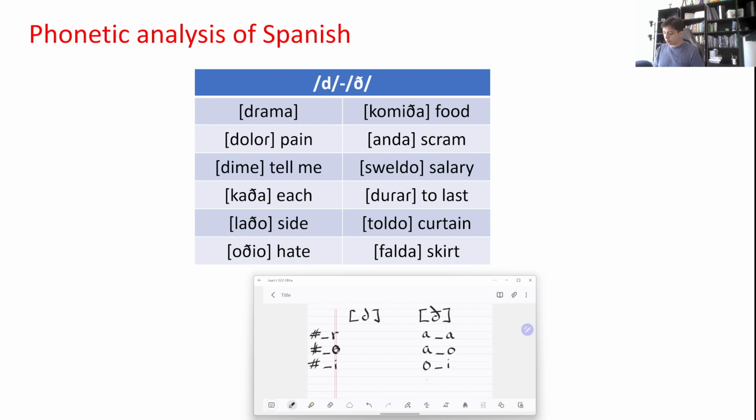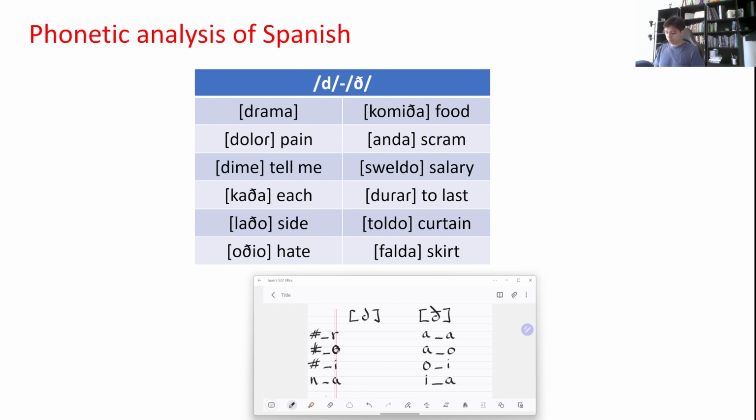For comida, we have the E, the sound, and then an A. For anda, what we have here is the D sound. So we have N, anda, right?